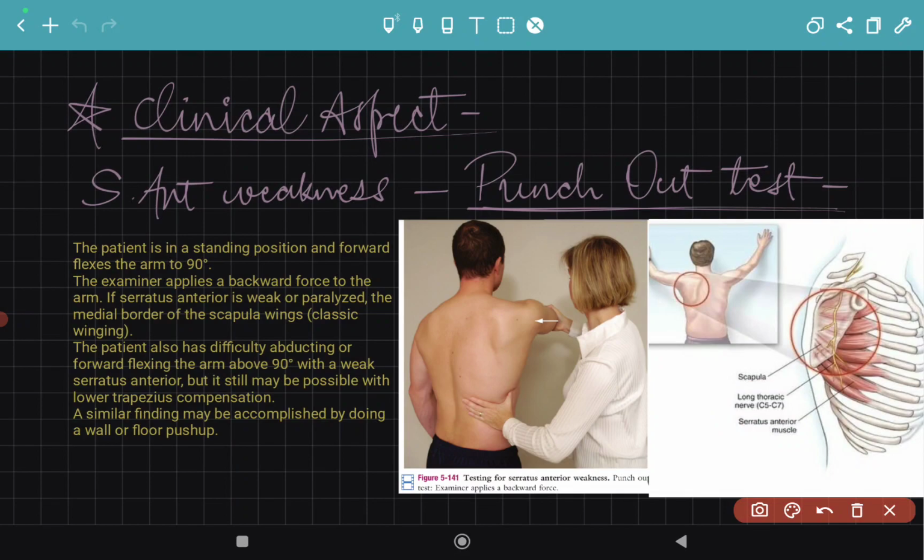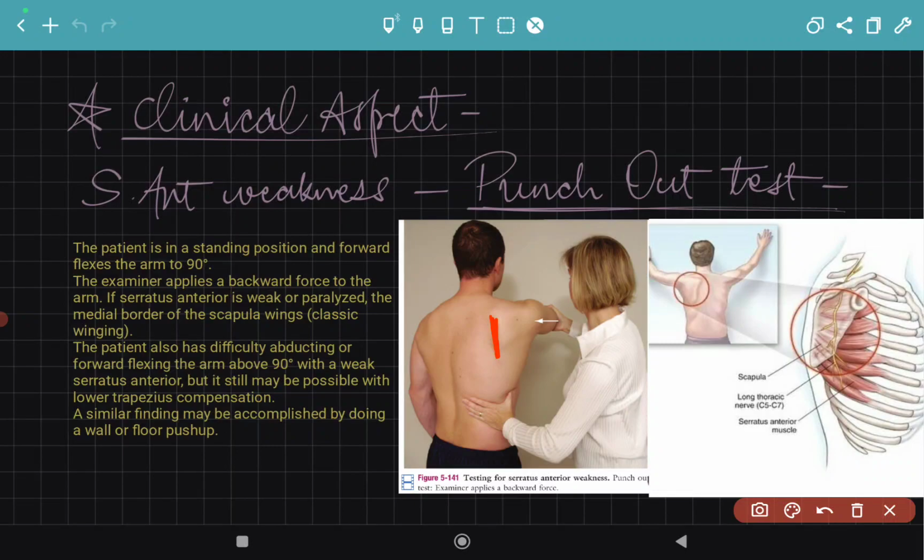To test it, there is the punch-out test. We can see in this diagram for serratus anterior weakness, the patient is standing and the arm is flexed forward to 90 degrees. The examiner applies a backward force against which the patient is resisting the movement. If the serratus anterior is weak or paralyzed, then the medial border of the scapula wings.